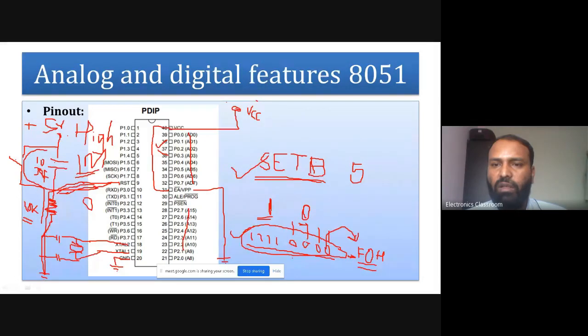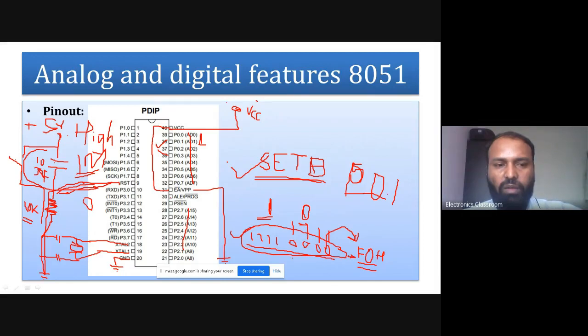Suppose I use P0.1. What it means is I will be setting the microcontroller port 0.1 bit to logic 1. So this instruction will perform only on a single bit.